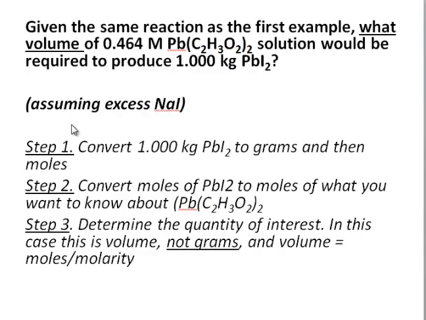All right, again, this is a stoichiometric calculation. First step is to start with what you know about and convert to moles. What we know about here is that there's a kilogram of lead iodide. So step 1 will be convert a kilogram of lead iodide to grams and then moles.